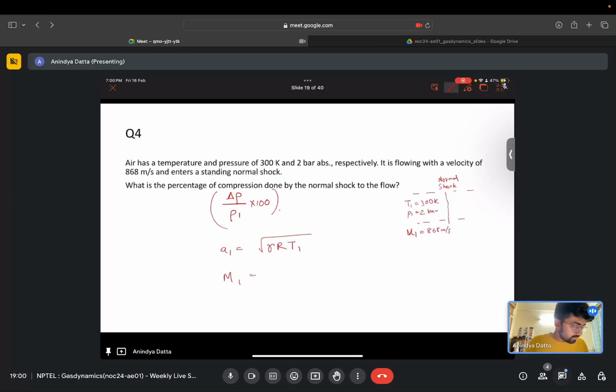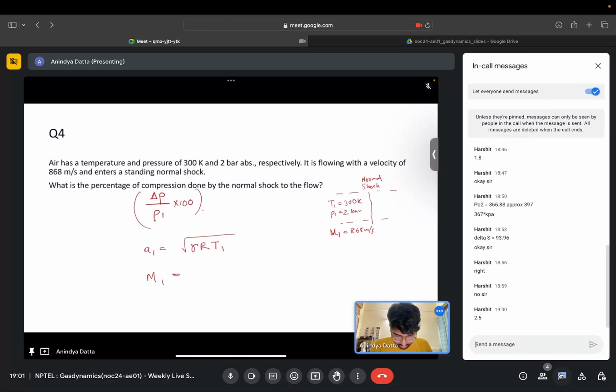Can anyone compute and tell me what is the value of M1? Yeah, okay, thank you. So M1 we are getting as 2.5.